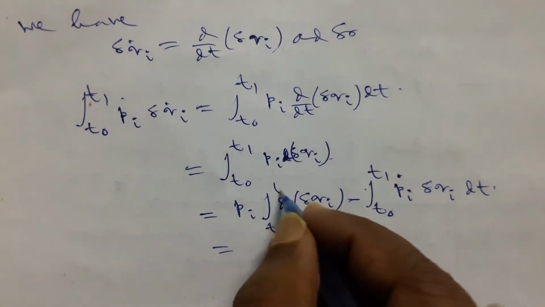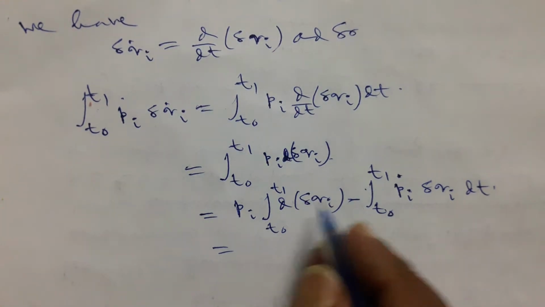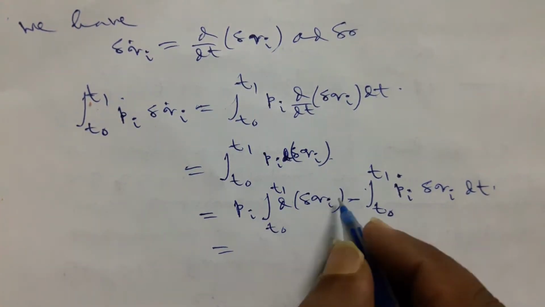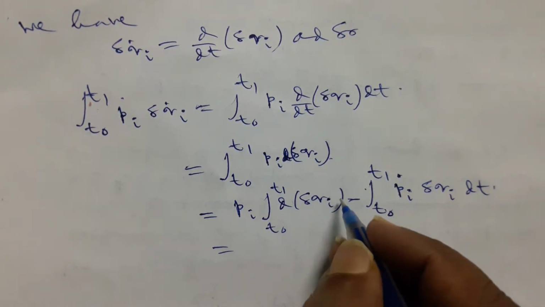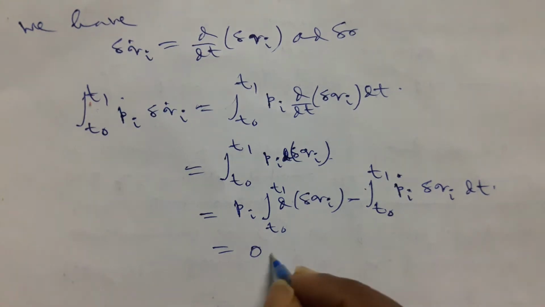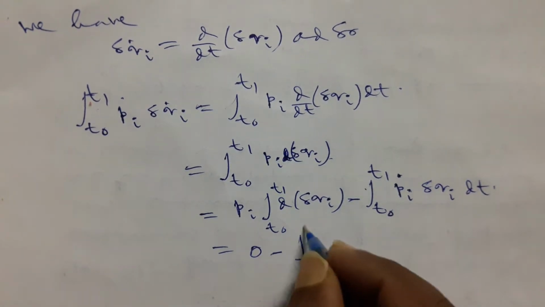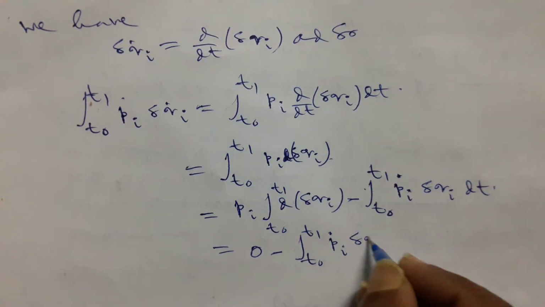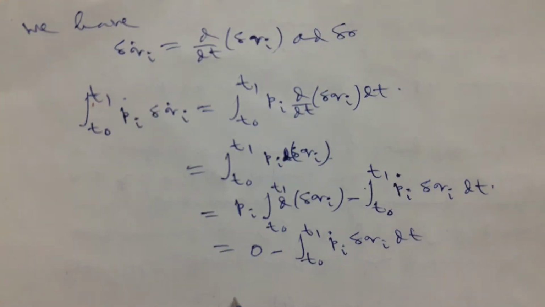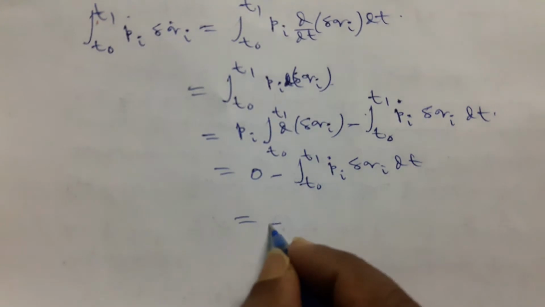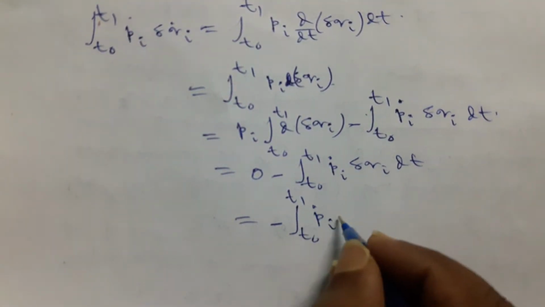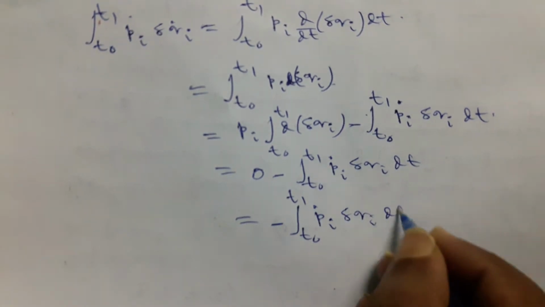Here from t0 to t1, this term will be 0 since del q at t1 minus t0 is 0, so it will be 0 minus the integral t0 to t1 of pi dot del qi dt. So that will be minus the integral t0 to t1 of pi dot del qi dt.